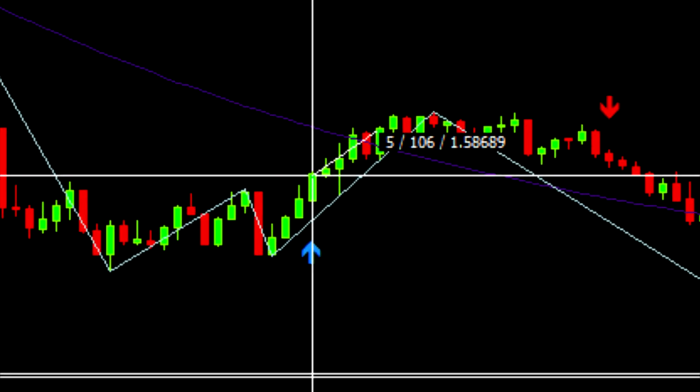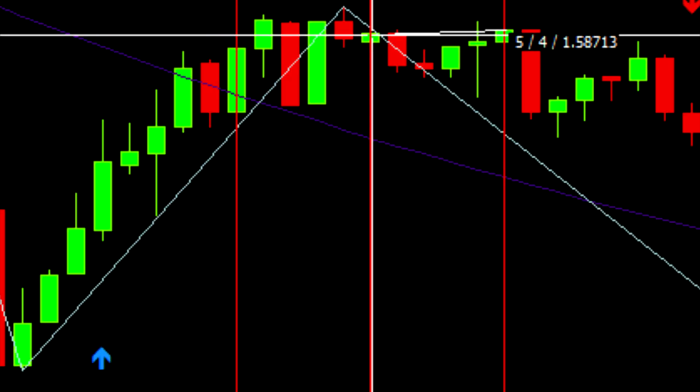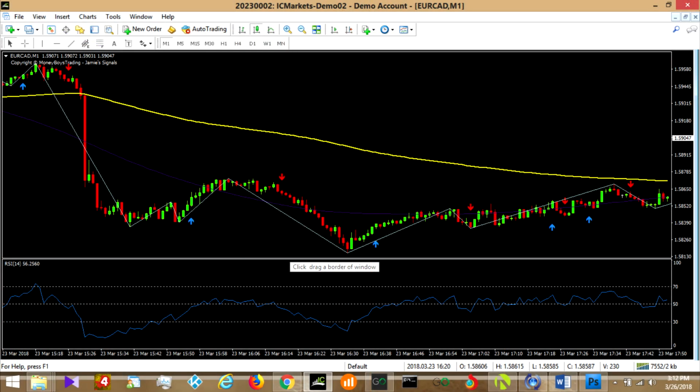The first one is a loss, the second one is still a loss, and the third one is a loss. Therefore, history repeats itself. That is why patience is the key to all trading strategies and techniques.